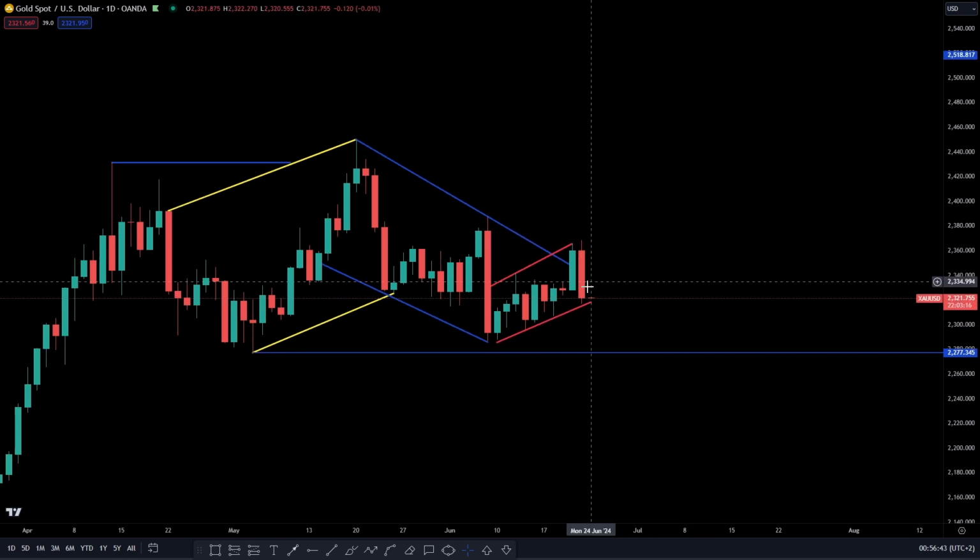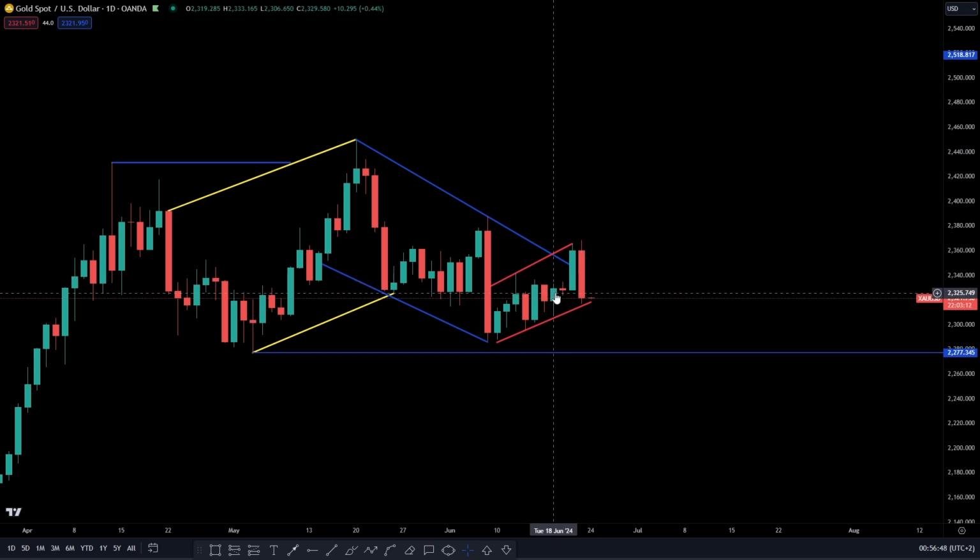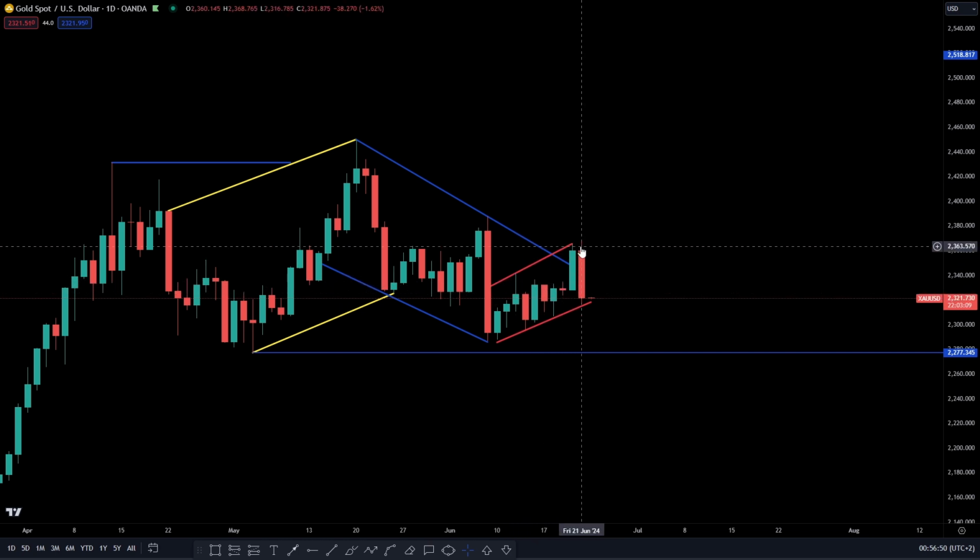So now the red structure, as you can see, this is what disturbed me from taking my buys last week, right? So as you can see, the market sold.